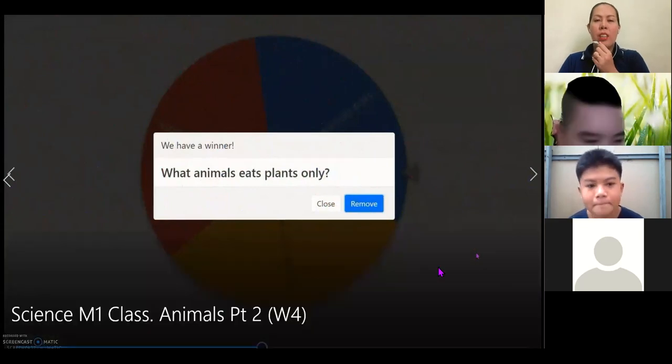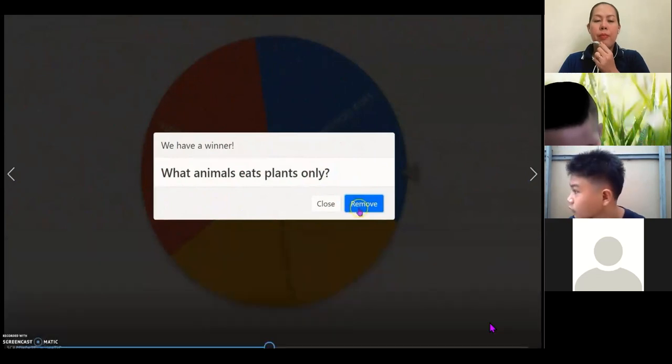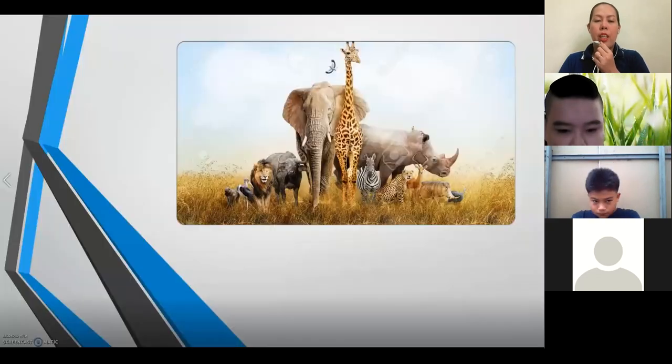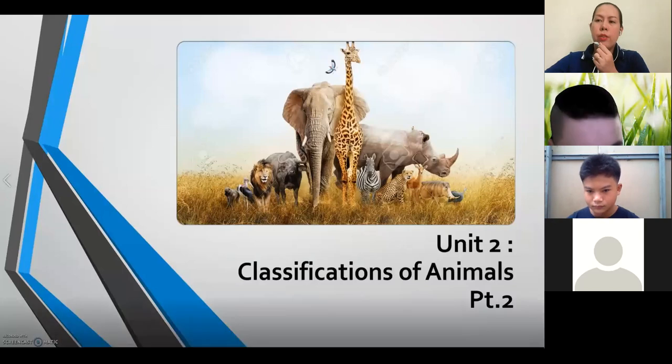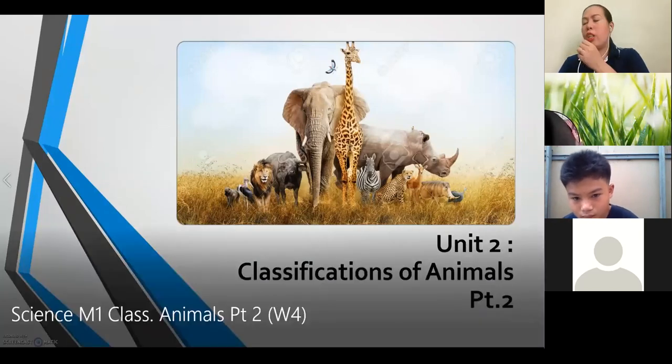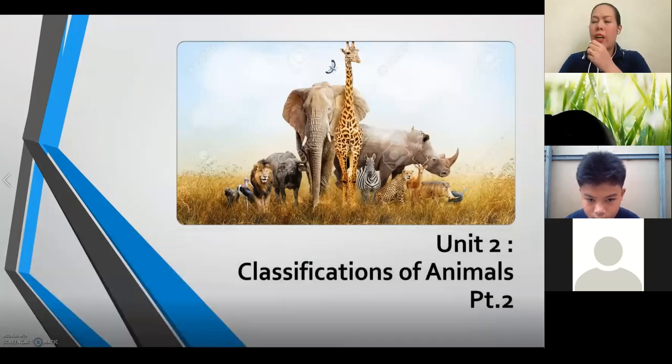Before that, let's get the topic for today, which is in Unit 2, Classification of Animals, Part 2. You can get your science book and open it on page 25.